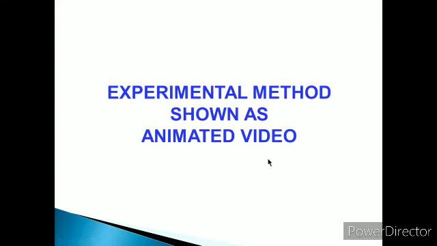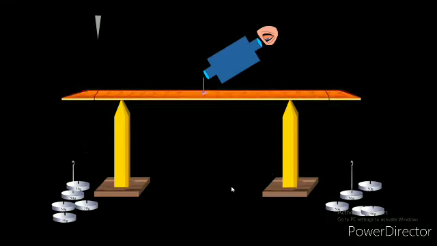Now we are going to see an animated video of how the experimental setup is arranged. The beam for which the Young's modulus has to be found is placed on the two knife edges at equal distances.